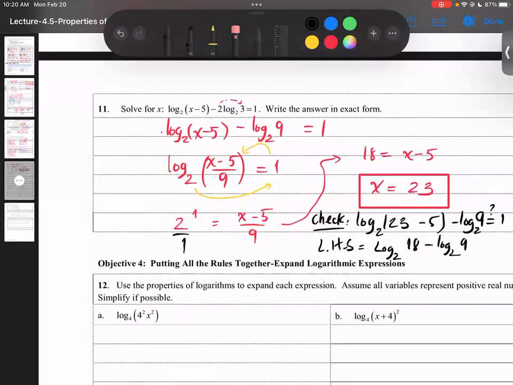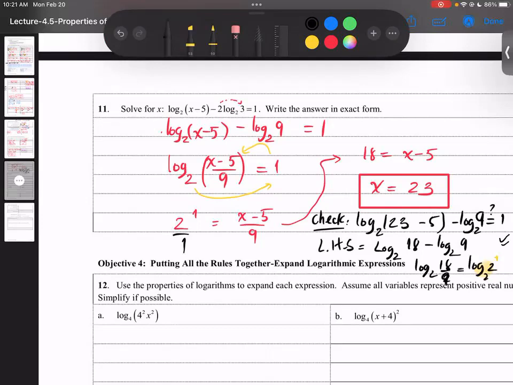So log base 2 of 18 divided by 9. 18 divided by 9 is 2. So log base 2 of 2 is 1, right? It's 2 to the first, right? We don't write it. Not 0. Careful, right? Not 0. So yes, it's equal. So that's how you check.